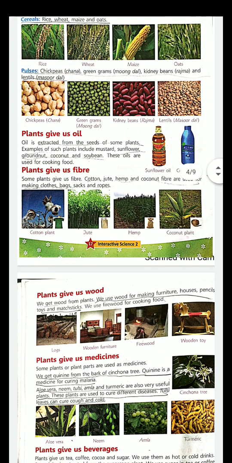Then we also studied that plants give us wood. Now I gave you a question: give the names of 5 things that are made from the wood given by plants. So what is that? That means things that are made of wood. Your house has a table made of wood, chair made of wood, furniture, sofa set made of wood, doors made of wood, and even the pencil that we write with, the outer part is made of wood only.